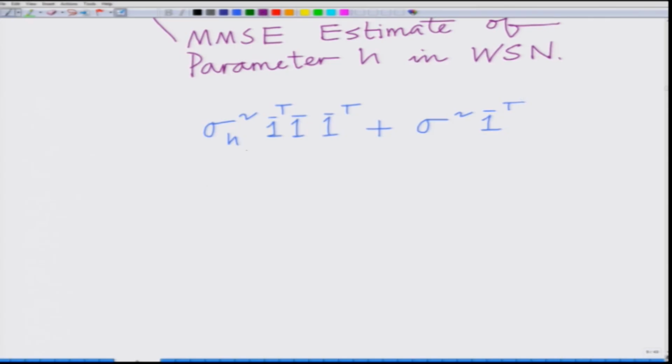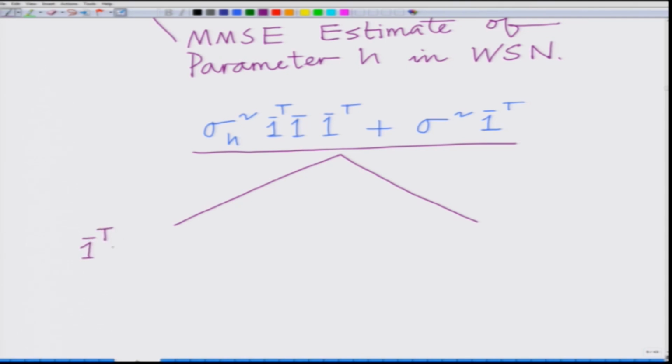Now, I can simplify this quantity into two forms. First, I can take 1 bar transpose out on the left, and then this becomes 1 bar transpose times [sigma h square 1 bar 1 bar transpose plus sigma square times identity].